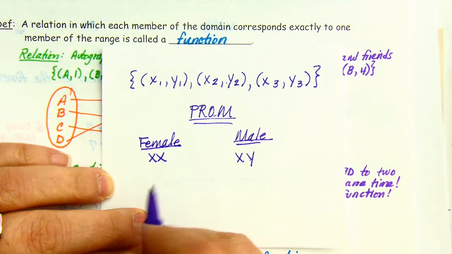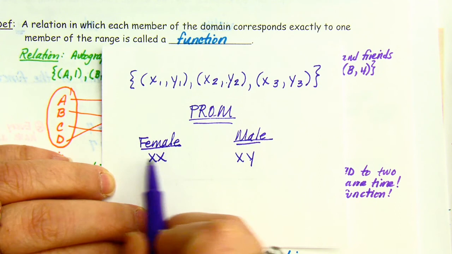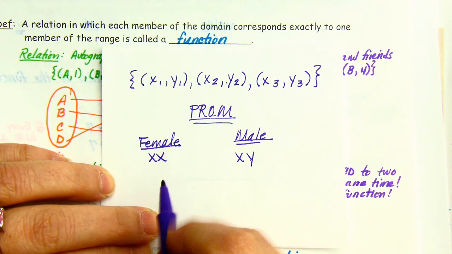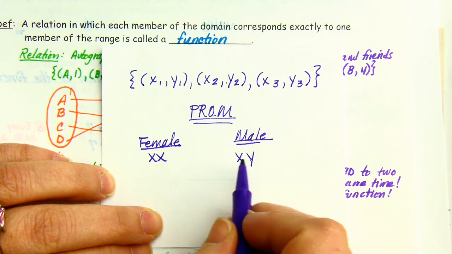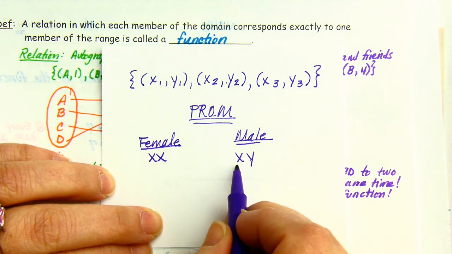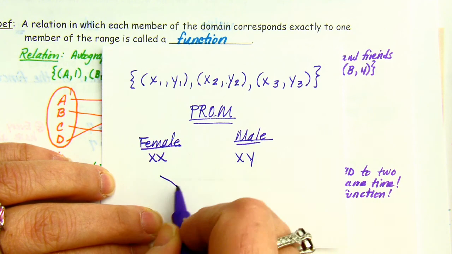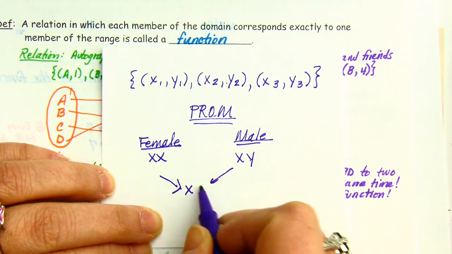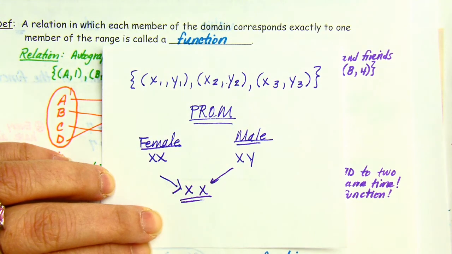Now, if mom can only pass an X chromosome to the baby, dad, though, can either pass an X chromosome or a Y. If dad passes the X, then this is a girl baby.